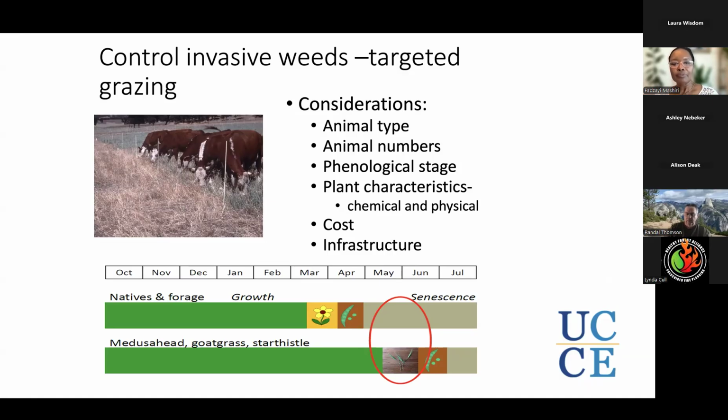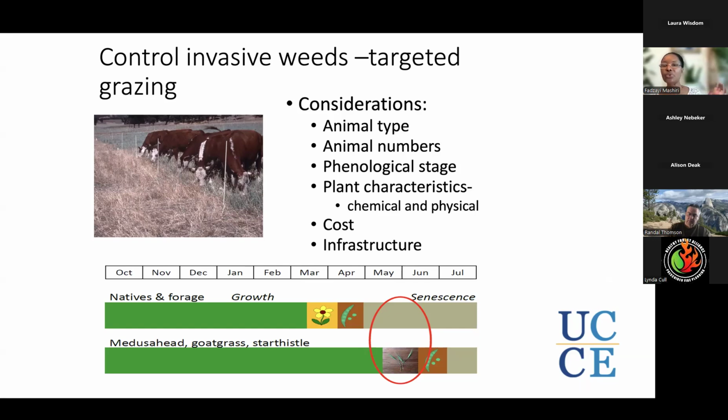So the plant characteristics, both chemical and physical, are very important. And also think about the cost and the infrastructure that is needed, especially to increase animal density.